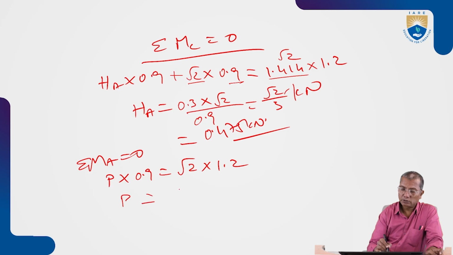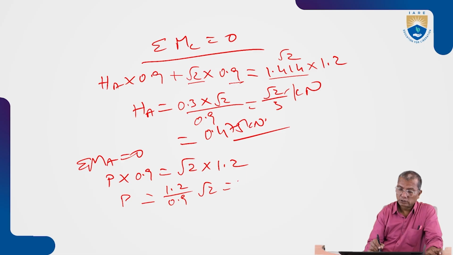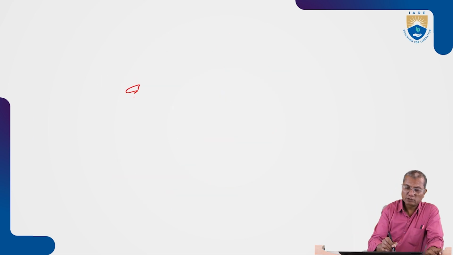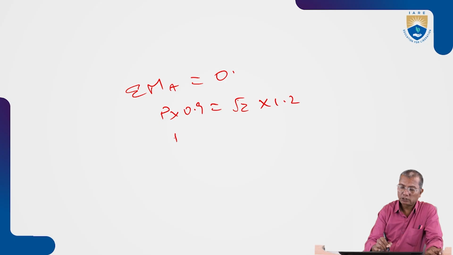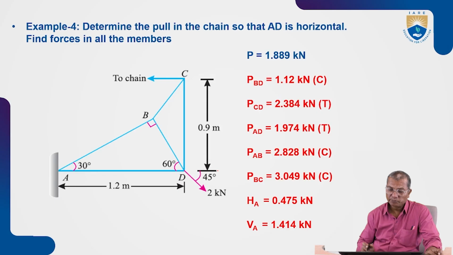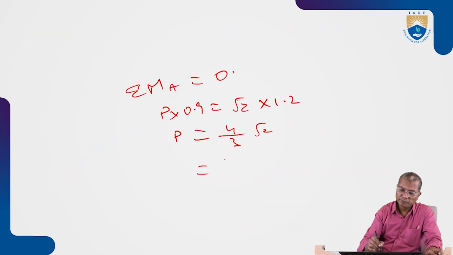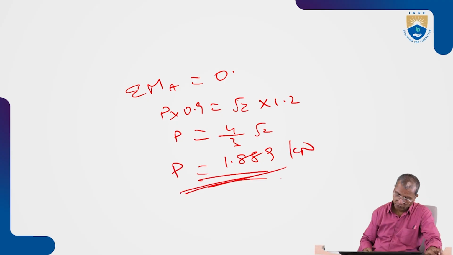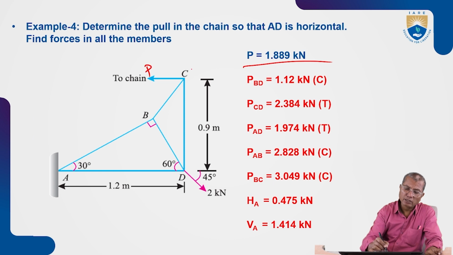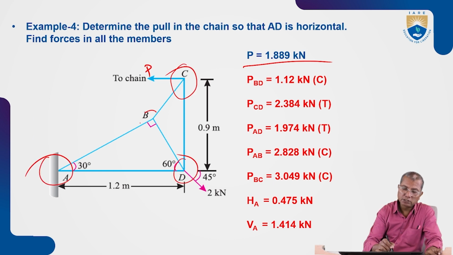So P is equal to 1.2 by 0.9 into root 2, that is 4 by 3 root 2, and it comes out to be 1.886 kilonewtons.